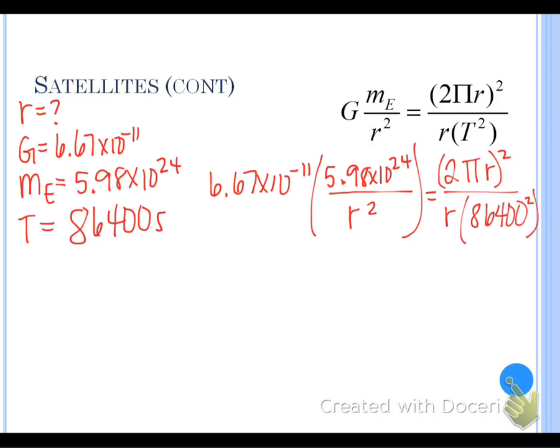So all I've done thus far is plug in numbers. This is what your equation should look like with every number you know plugged in. Now I'm going to actually start doing some math here, and the math takes quite a few steps to get through.